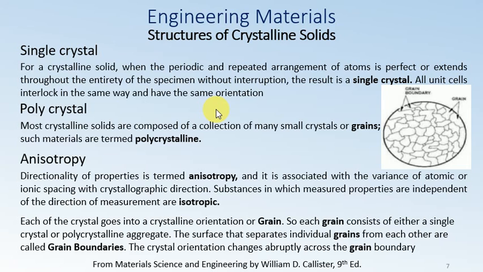The surfaces that separate individual grains from each other are called grain boundaries. These grain boundaries are very important, and they play a big role in delivering different properties, such as plastic deformation, to the material, as the crystal orientation changes abruptly across the grain boundary.